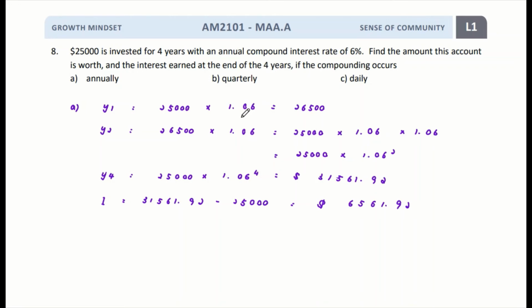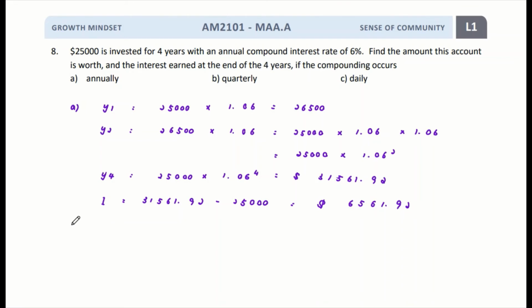Because by using the first simple illustration, you already know that for compound interest, every year the interest generated is different, because the interest will be generated based on the principal plus the accumulated interest. That's why it forms a geometric sequence rather than an arithmetic sequence. So in this case, after each year you multiply 1.06, 1.06, 1.06, and so on. Okay, so that's the idea for part A.